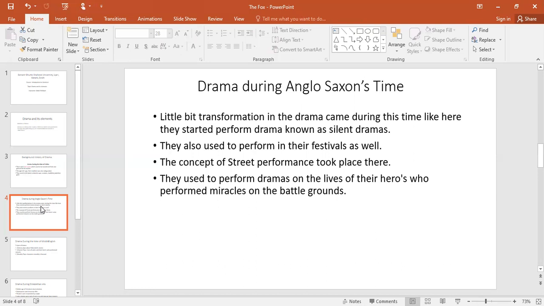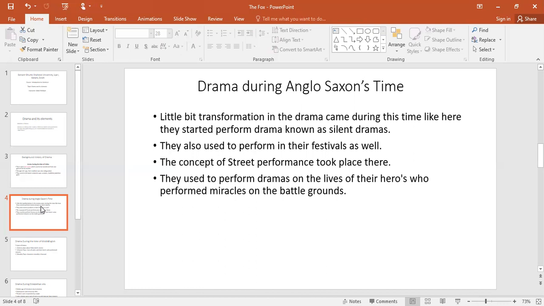And apart from the drama, they used to tell oral stories as well, like on the table when they were having a feast. One of them used to be a storyteller. That person used to tell stories related to war, traditions, customs, society, or the gods, and in order to amuse the audience, they told oral stories in the festivals and performed dramas known as silent dramas.